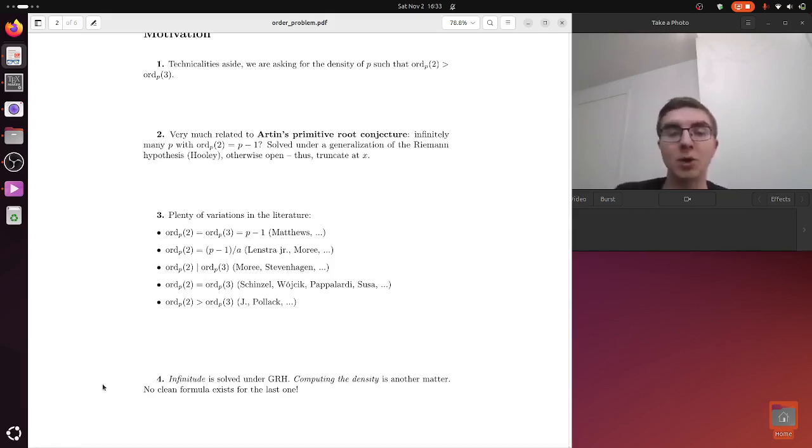So in order to solve the problem, one first of all needs to be familiar with the methods used to solve this kind of Artin type problems, and second, one needs to overcome the difficulties that arise due to the lack of nice formulas for the density. And with this motivation, let's move forward to the actual solution.